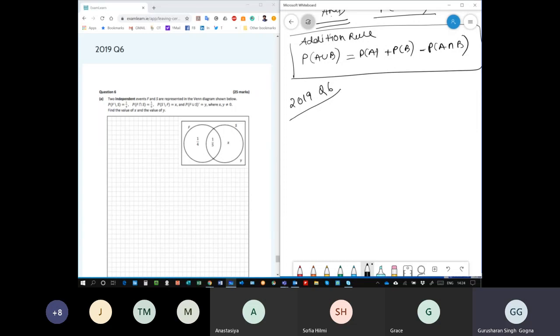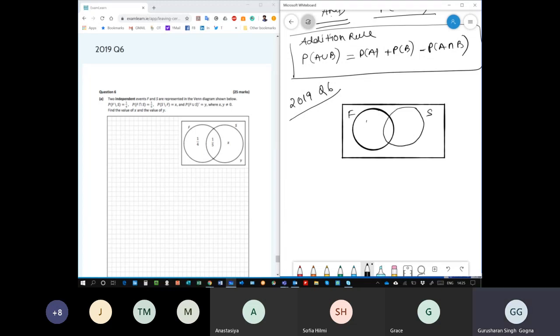So two independent events F and S are represented in the Venn diagram. The Venn diagram is already given in the question, so I can use that. This is F, this is S, this is 1 over 4, this is 1 over 5, this is X, and this is Y.